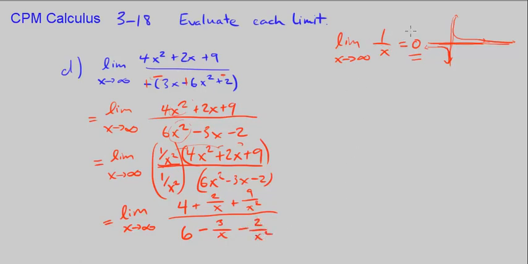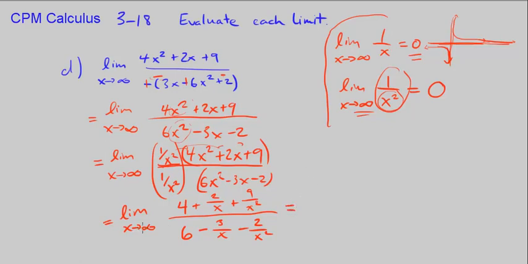Okay, so before I continue, I want to touch base on this again. The limit as x approaches infinity of 1 over x is 0, right? And 1 over x squared, as x gets bigger even faster, is still going to be 0. As the bottom gets really, really big, this value gets really, really small, and it approaches 0 as you go toward infinity.